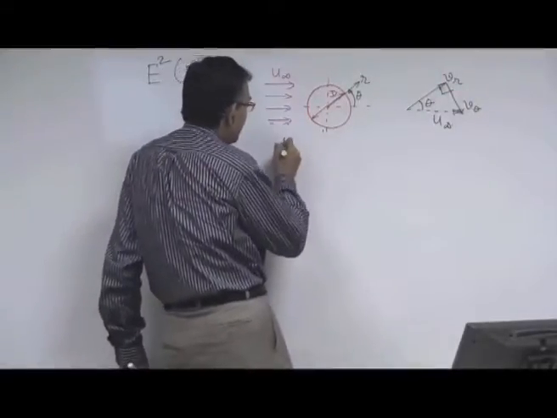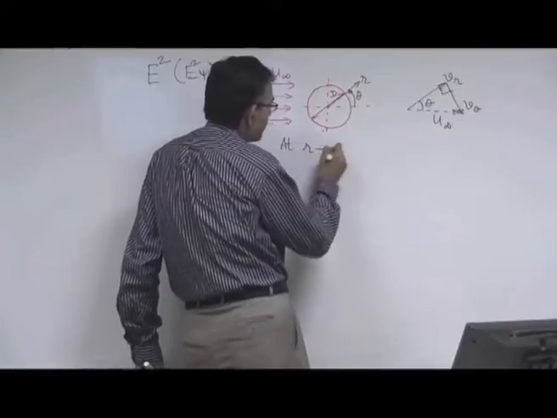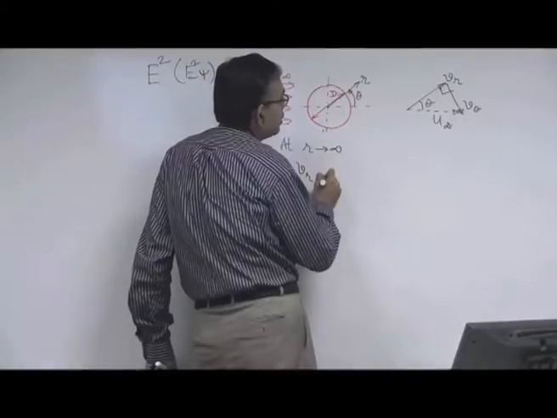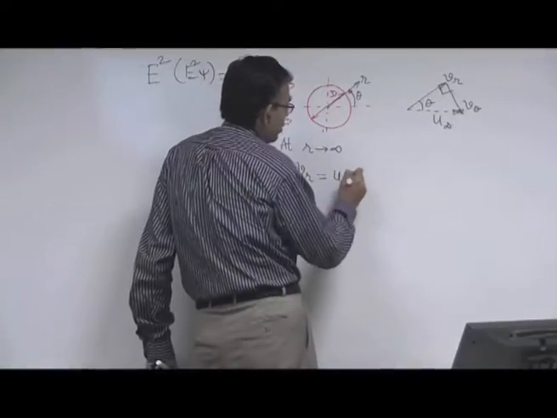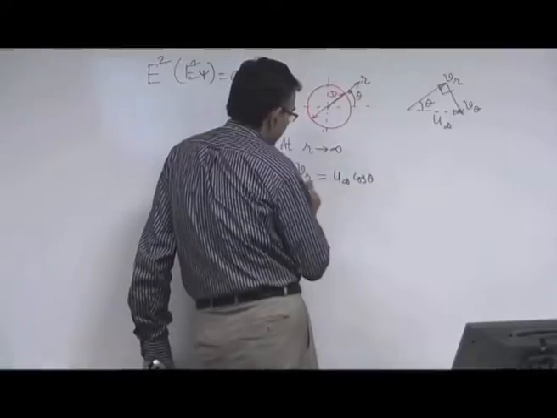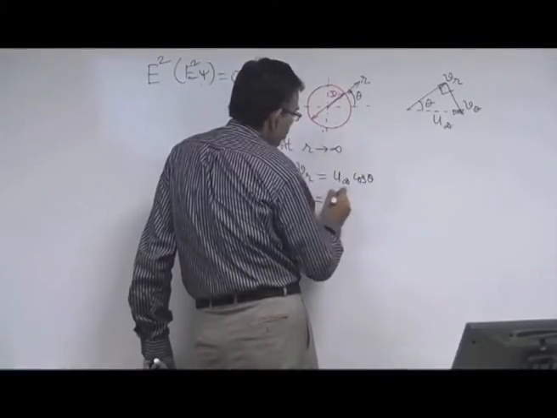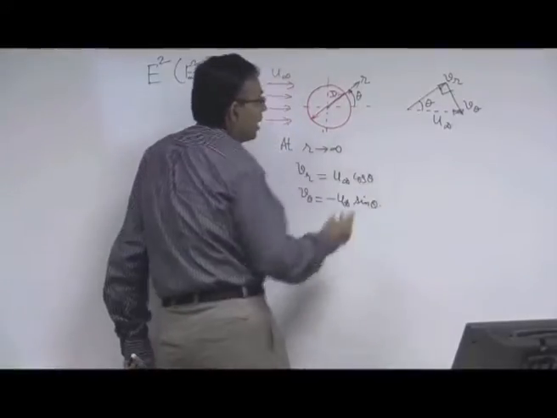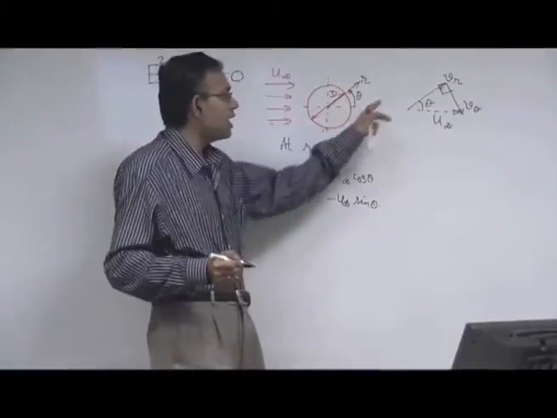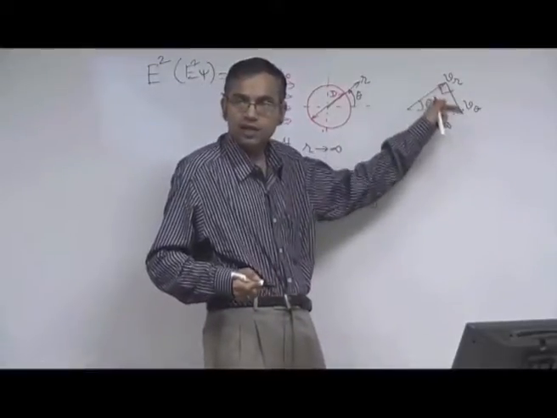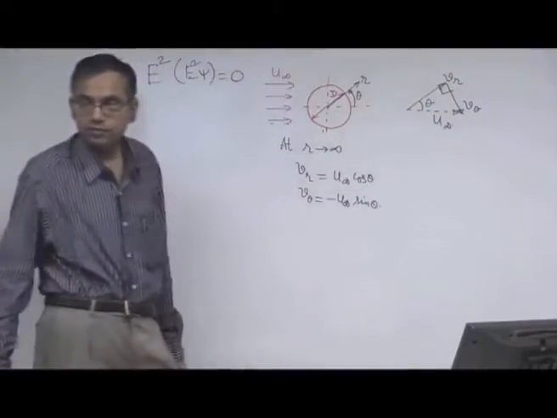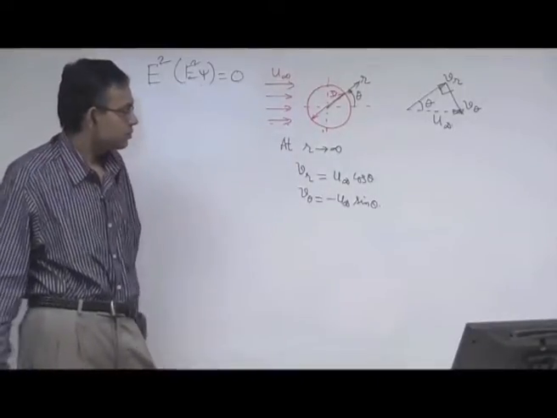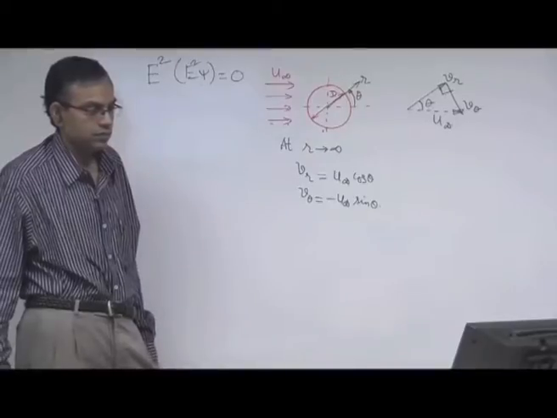So, technically at r tends to infinity you have Vr equal to u infinity cos theta and V theta equal to minus u infinity sin theta. Why minus? Because the positive theta direction is opposite to this V theta direction, if you see this vector triangle.